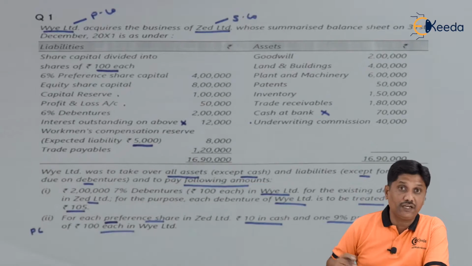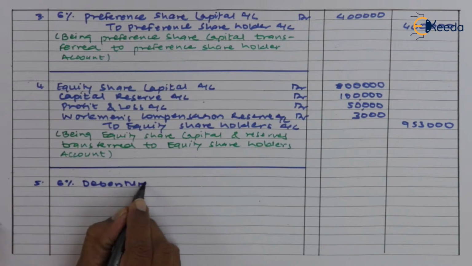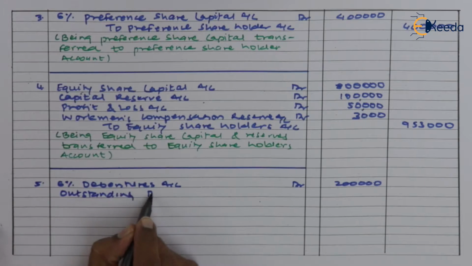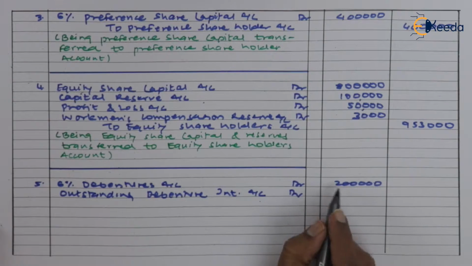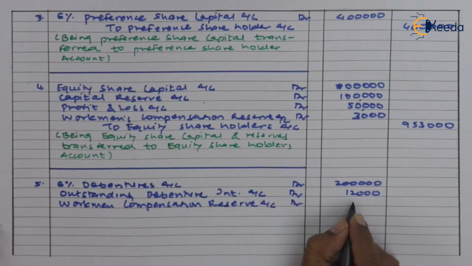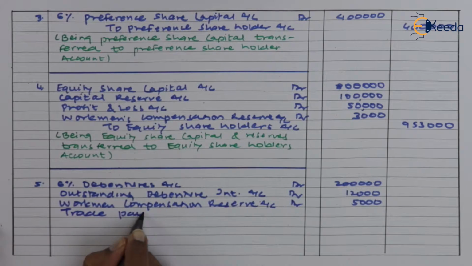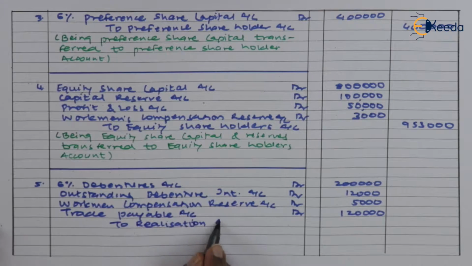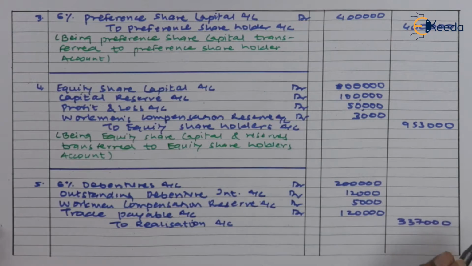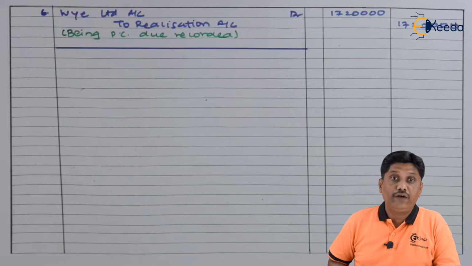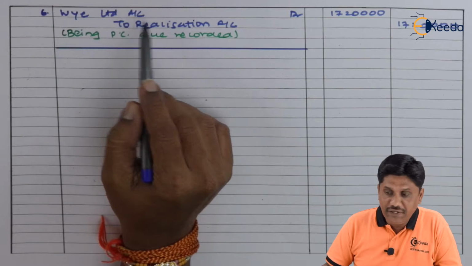So all these accounts will be debited, realization account will be credited. Friends, you can notice the entry: these accounts debit to realization account.